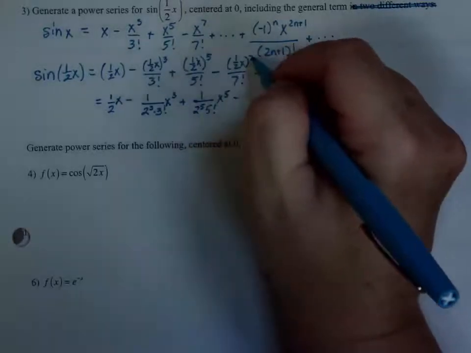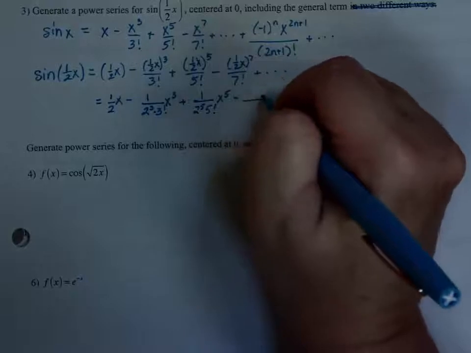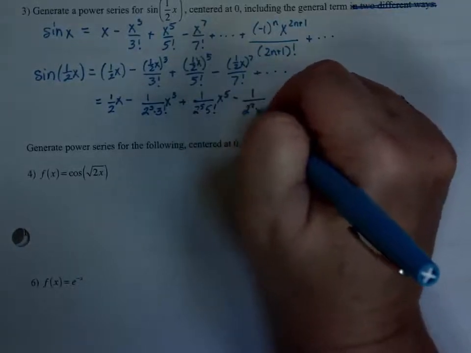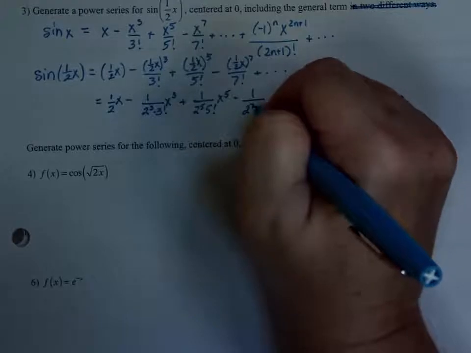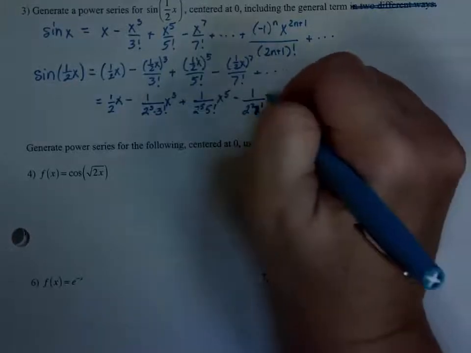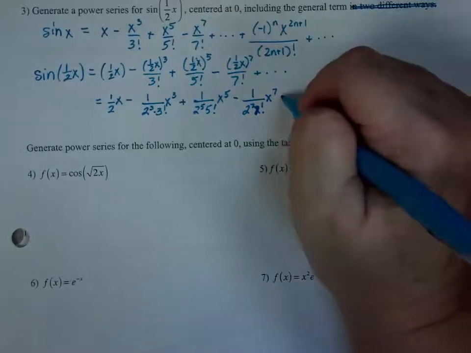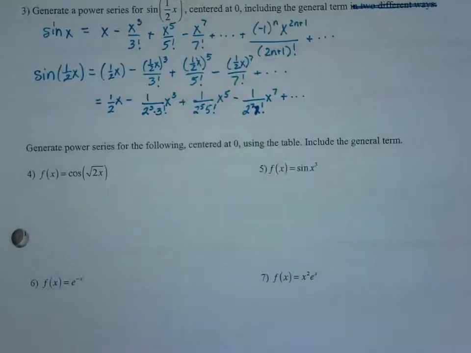We don't worry about the 1. So it's going to be 1 on top only, and then 2 to the 7th, 7 factorial, and then x to the 7th out to the side. Well, I'm glad I caught that. Plus dot dot dot. Do all of you see what I've done?